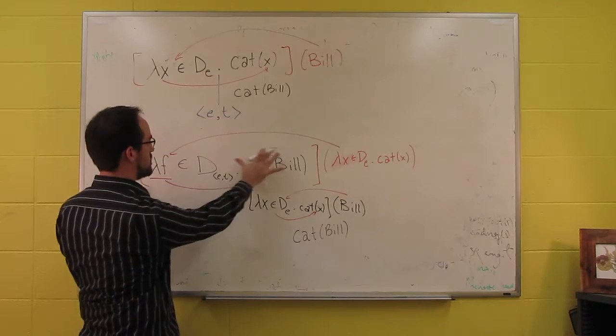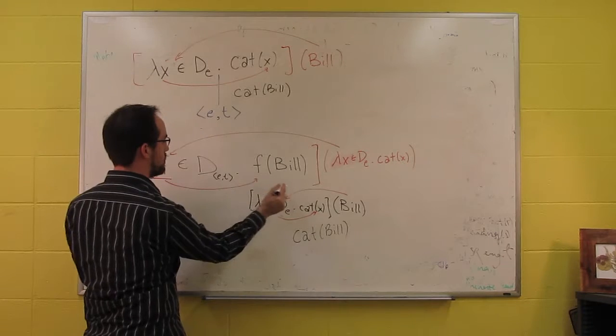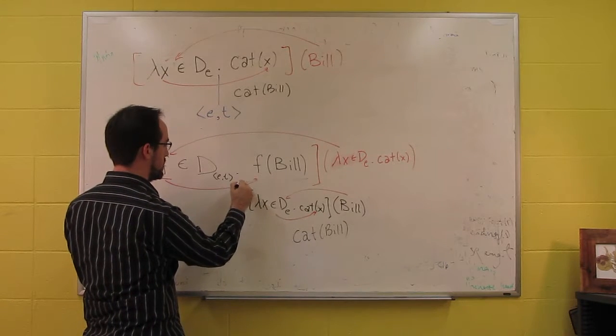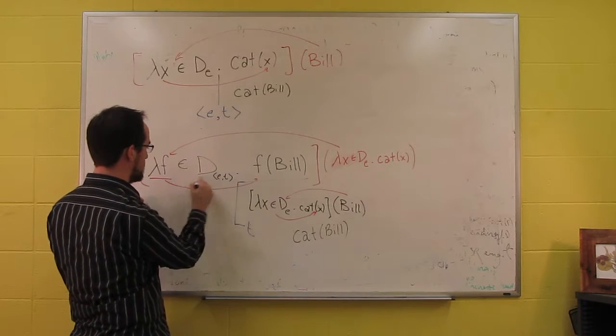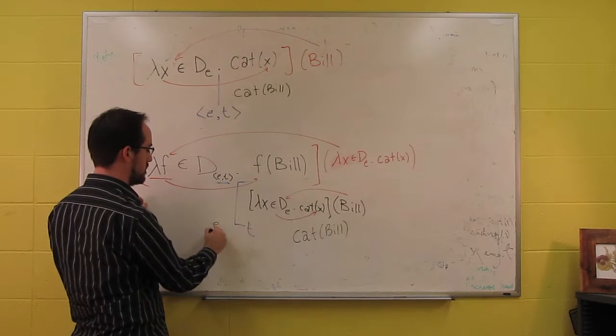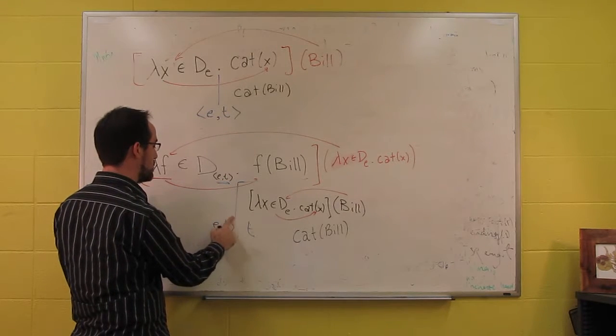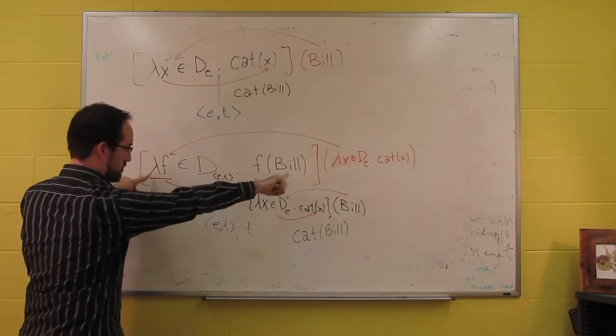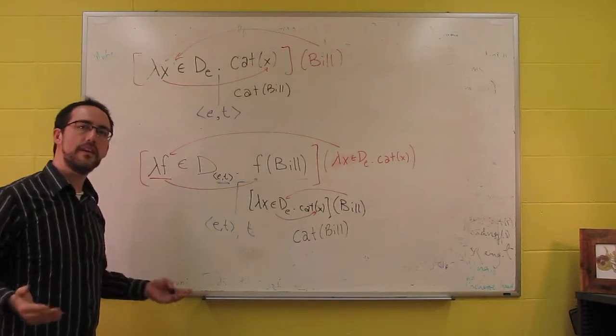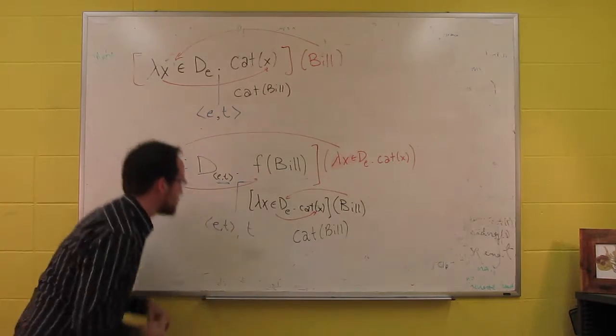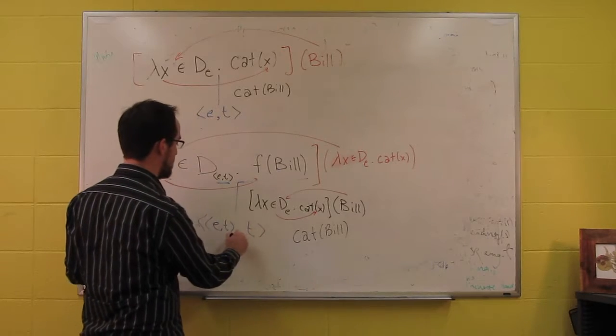So when we look at the type of this entire expression, this is of type T, and this is of type ET. So now we can define this expression as a function of type ETT.